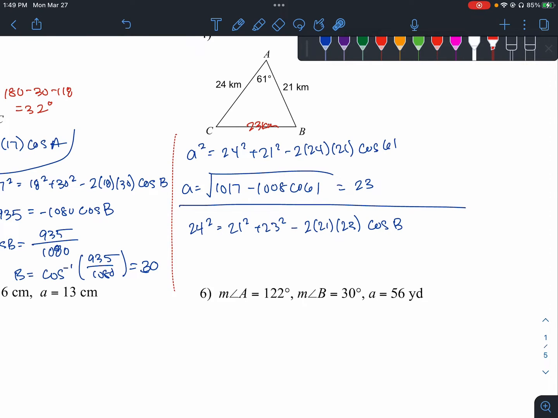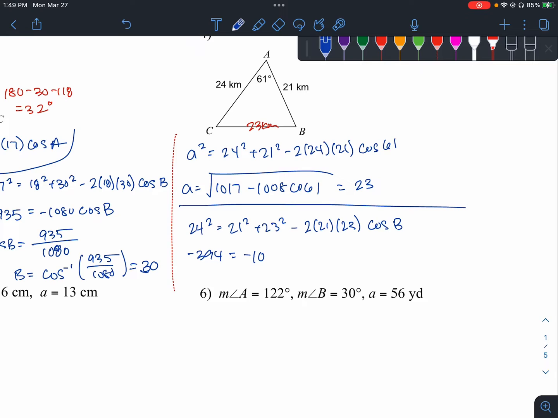So 24 squared minus 21 squared minus 23 squared, and we get negative 394, which is equal to negative 2 times 21 times 23, and we get negative 1080.